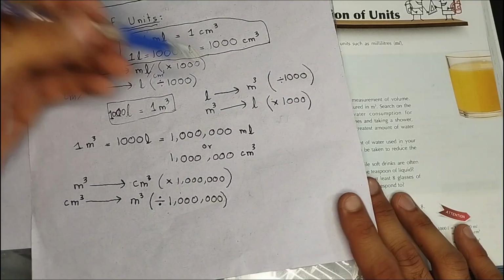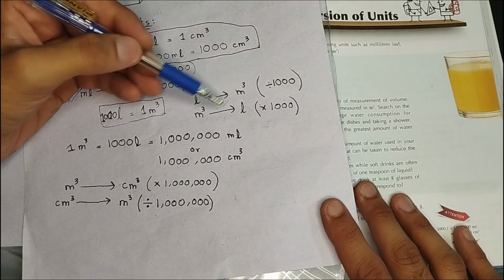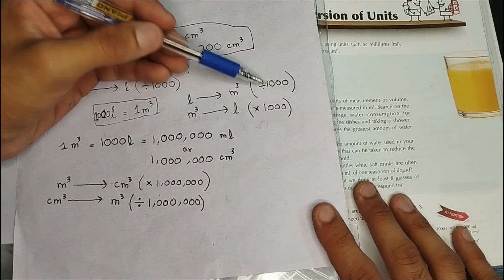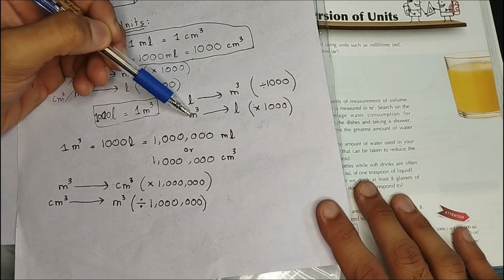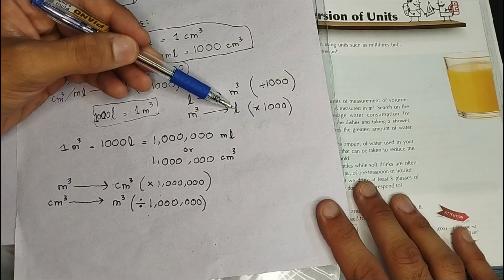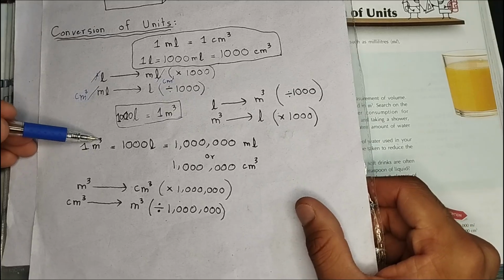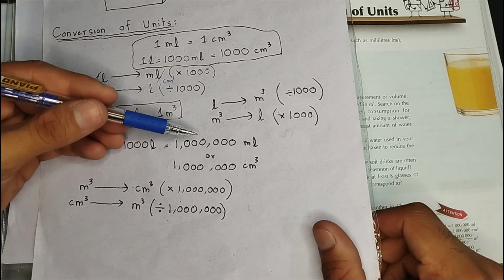So liter into cubic meter is going to be divided by 1000, and cubic meter into liters is going to be multiplied by 1000.